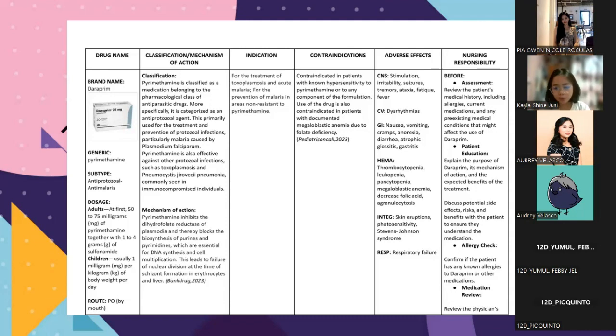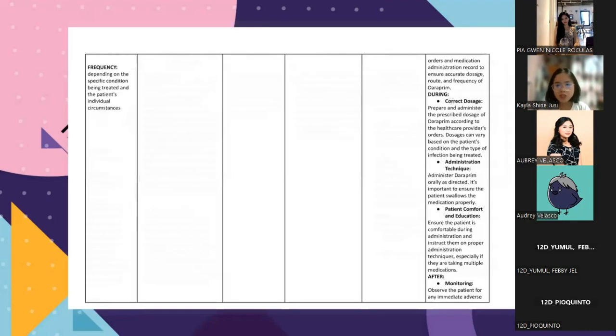And medication review: review the physician's order and medication administration record to ensure accurate dosage and frequency of Daraprim. And during the medication, correct dosage: we need to prepare and administer the prescribed dosage of Daraprim according to healthcare providers' orders, and dosage can vary based on the patient's condition and the type of infection being treated.